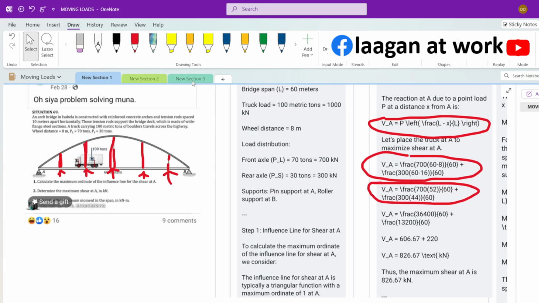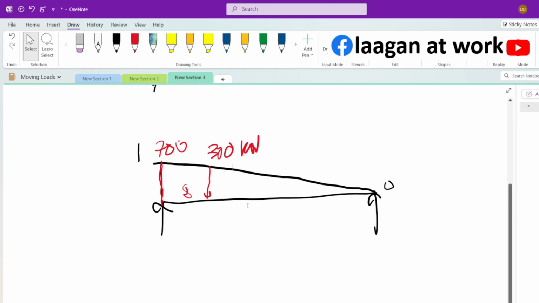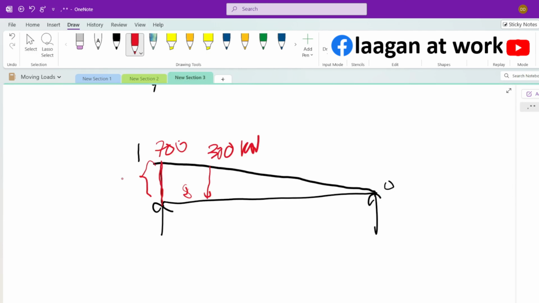Even if you just draw the shear and moment diagram and calculate the reaction, summation of moments at A or B equal to 0. But for example, using the influence line, this is 1.0, and for this one, y, we have to do a ratio of proportion. The total span is 60 meters, and this one is 60 minus 8, so this would be 52.